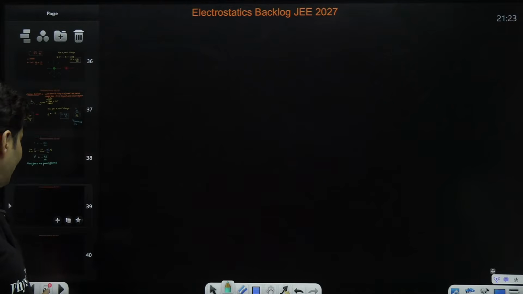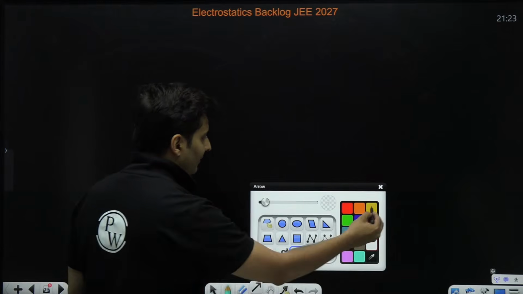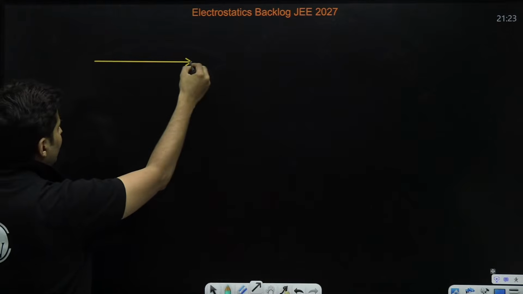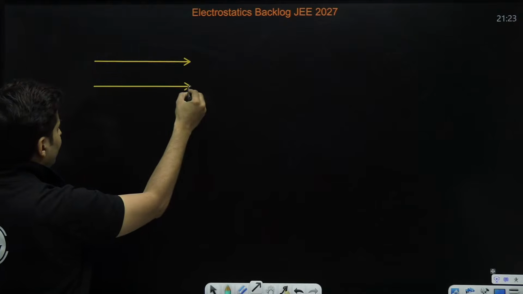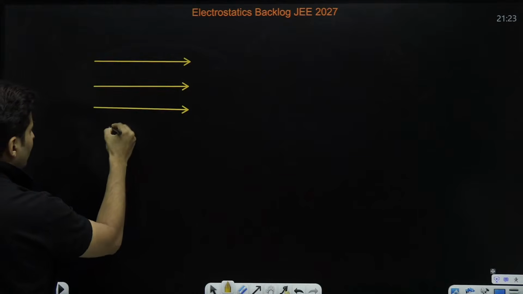Now this has many implications. See, if we have an electric field line, this is nothing but electric field.